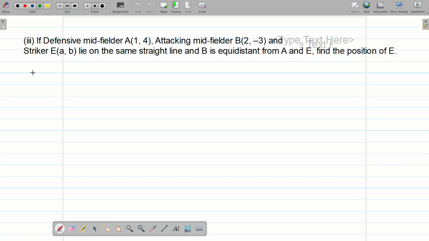Question number 2. Or you have to see whether C is the midpoint of IJ or not.